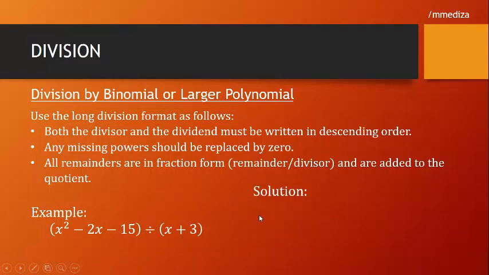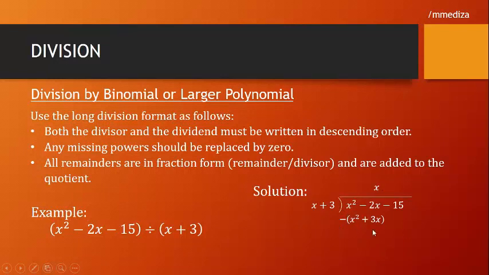So for our solution, since x squared minus 2x, that will be x times x plus 3, that is x squared plus 3x.